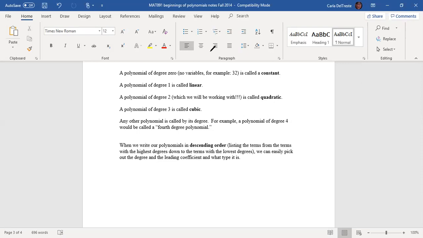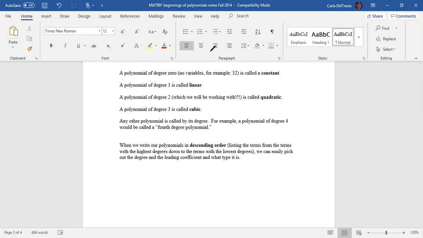We talked about that. That shouldn't be a surprise. If a polynomial has degree 2, and that's what we're going to be working with next, it's called a quadratic. If it's a polynomial of degree 3, it's called a cubic. And if it's any other polynomial, you just call it by its degree. So a degree 4 would be a 4th degree polynomial. There's no other special names.